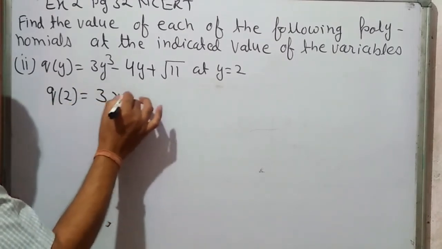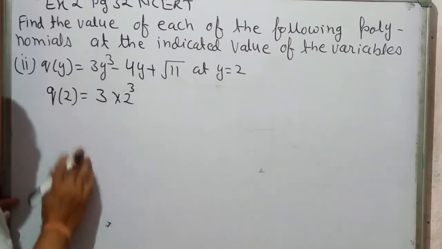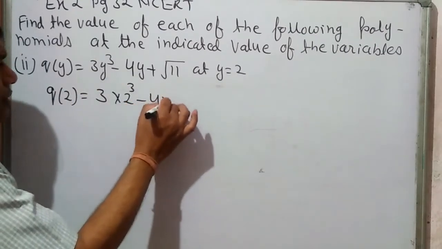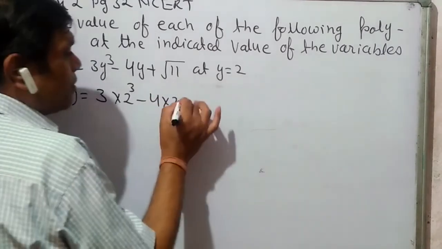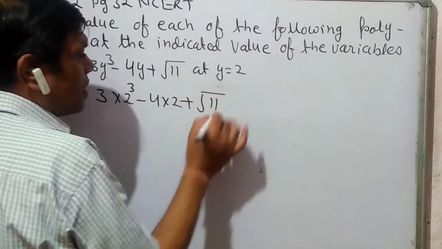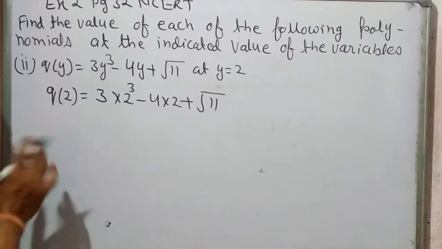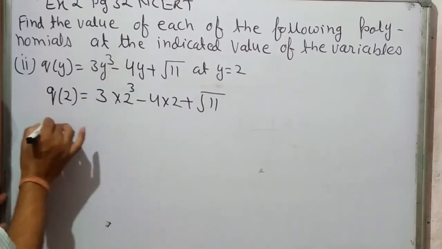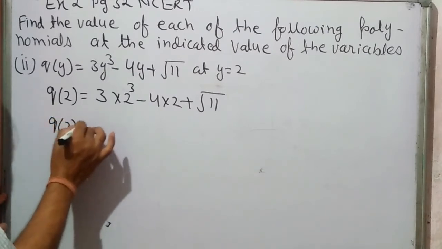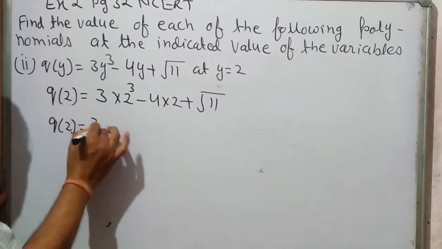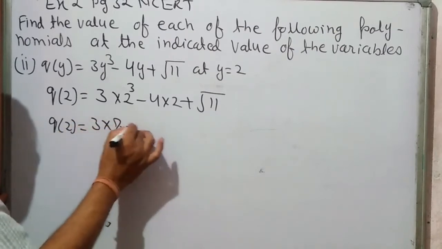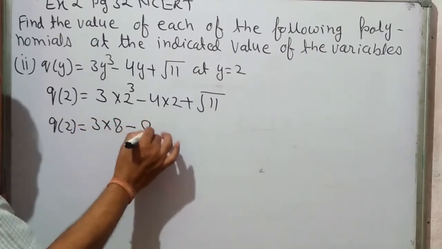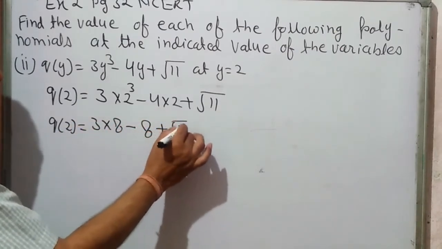We'll replace y with 2: 3 multiplied by 2 cube minus 4 multiplied by 2 plus under root 11. What we have done is put 2 in place of y, the standard procedure. What shall we get? 3 multiplied by 8 minus 4 into 2, which is 8, plus under root 11.